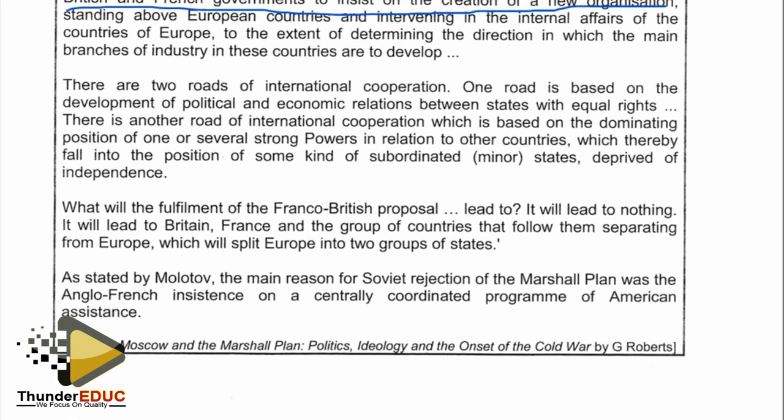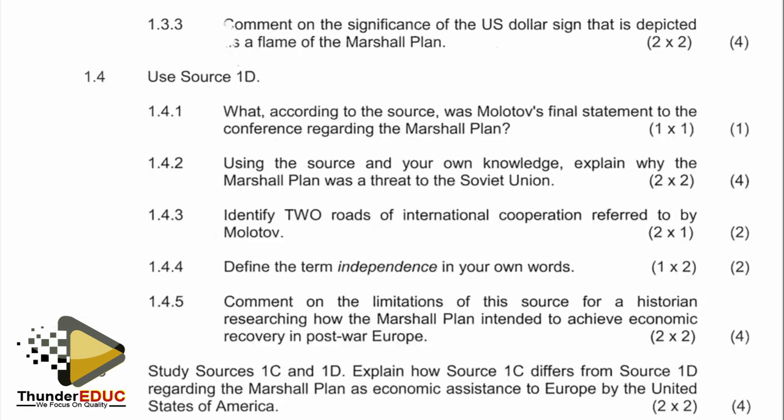Then we move on to the next question, number 1.4.2. Using the source and your own knowledge, explain why the Marshall Plan was a threat to the Soviet Union. Why were the Russians threatened by the Marshall Plan?